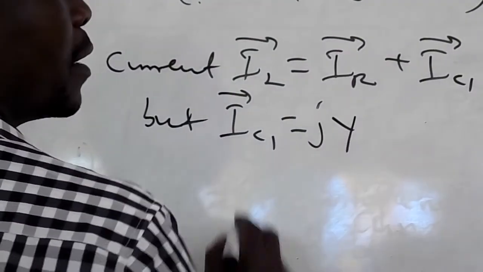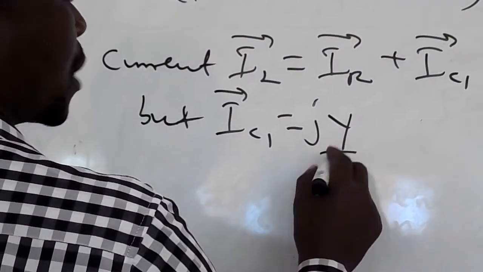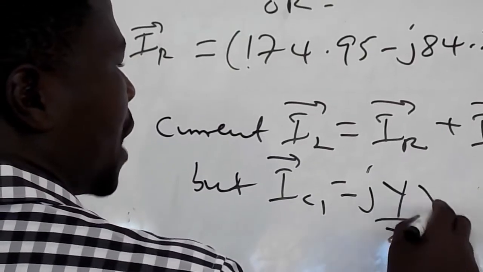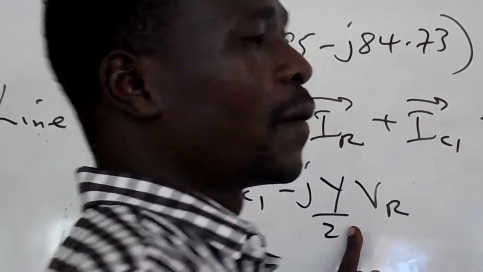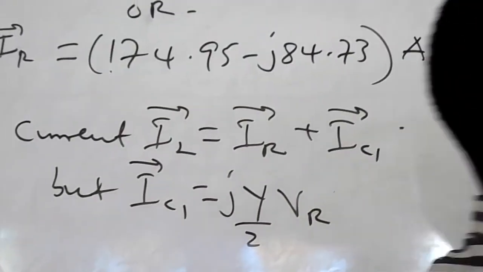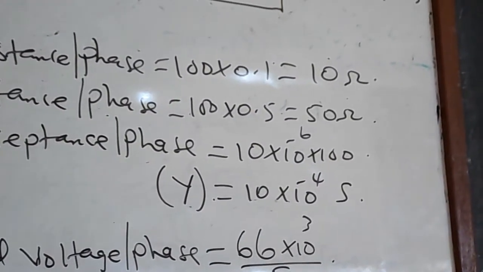So I'll be having jY over 2 times VR. Y is actually the susceptance of the line.